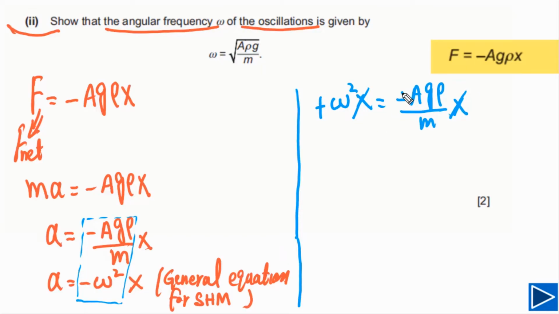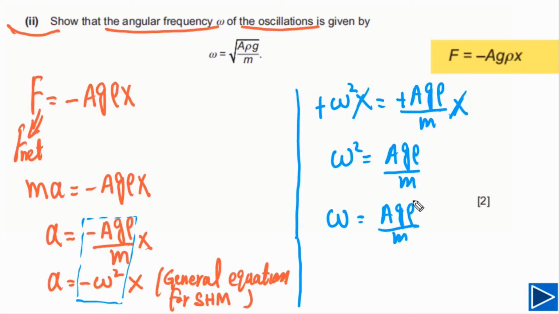Negative sign we can cancel with negative sign. So omega square in this case is equal to AG rho divided by M. We need omega, so we have to take square root on both sides. So this is our final answer, and this is what we need to show.